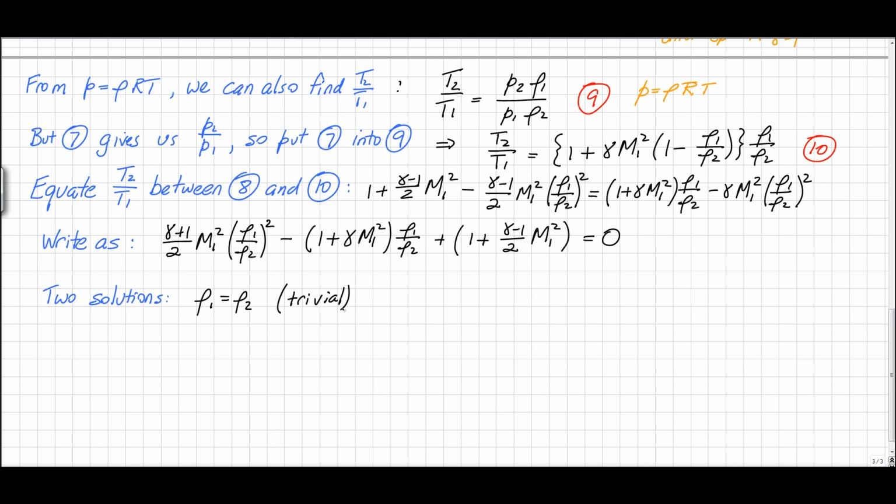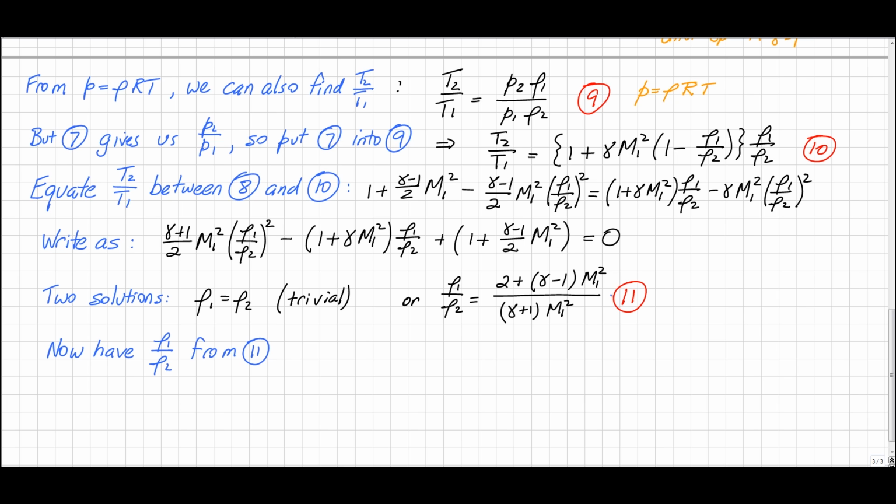The more important one, and the one that we're interested in, is this expression for rho 1 over rho 2 being (2 plus (gamma minus 1) M1 squared) over ((gamma plus 1) M1 squared), and we'll call that equation 11.